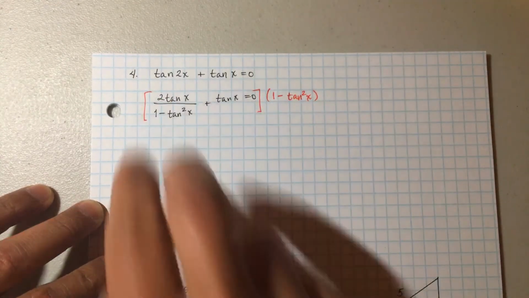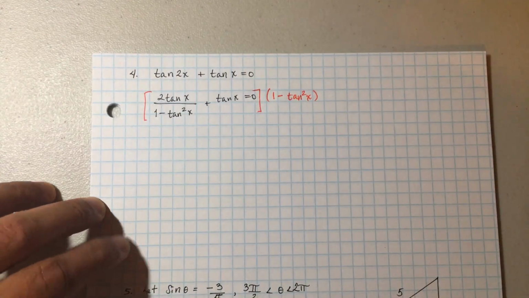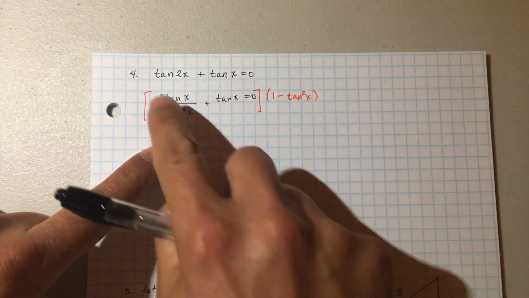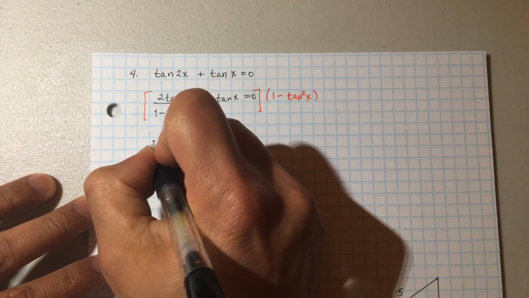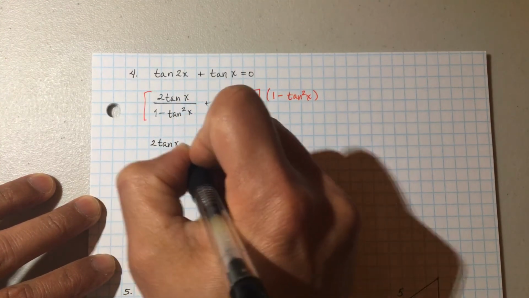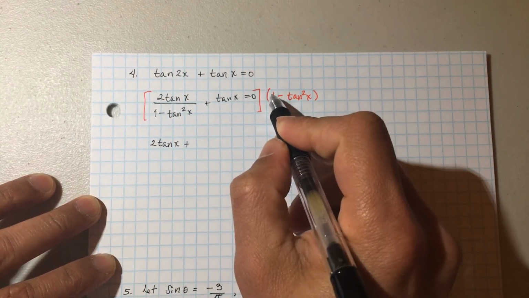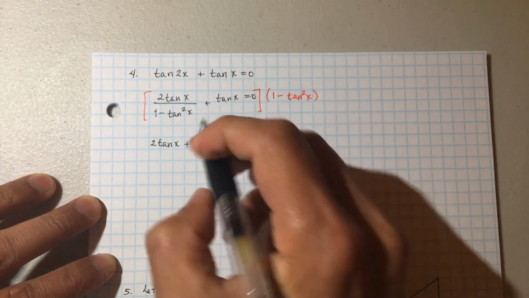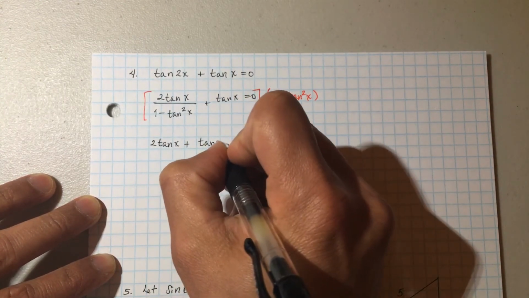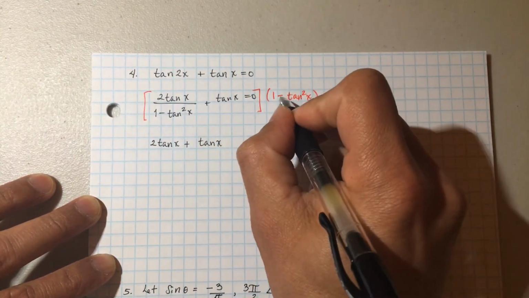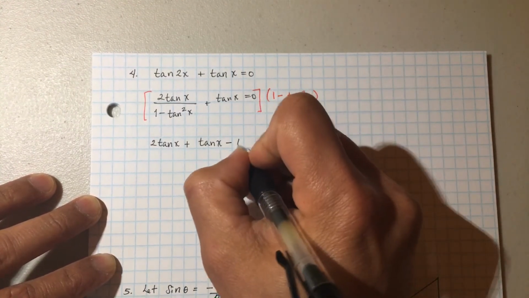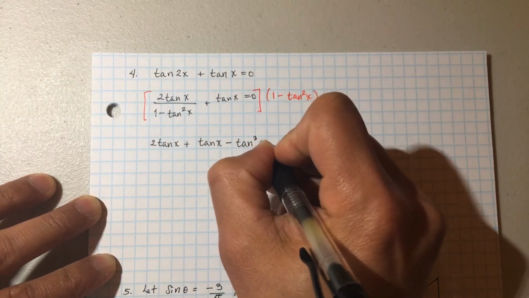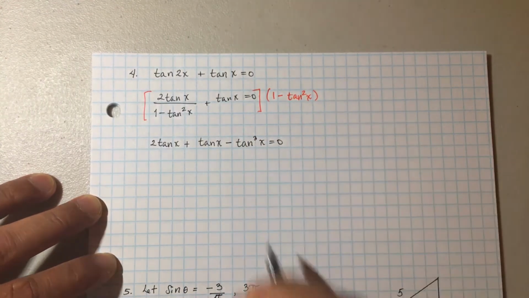I'm going to distribute everything, okay? And what happens when I distribute over here? These are going to cancel out. We're just going to be left with 2 times tangent of x. Plus, we're going to distribute this, so 1 times tangent is tangent of x. And then minus tangent squared times tangent, which gives me tangent cubed of x equals 0.